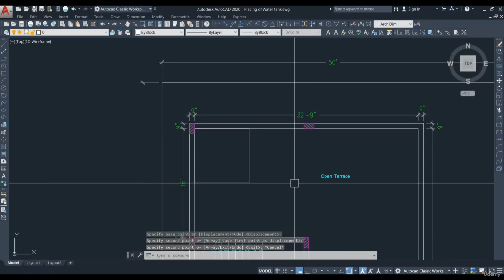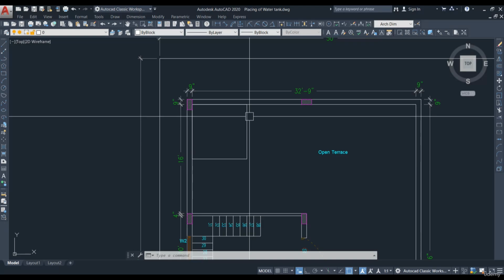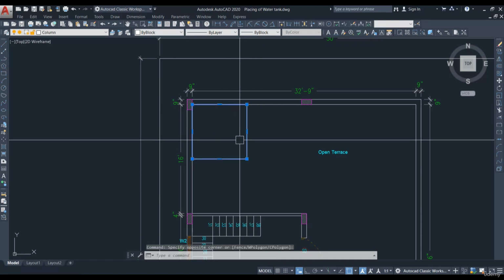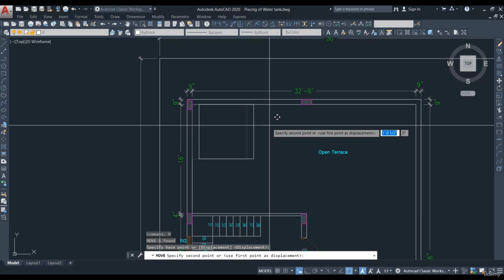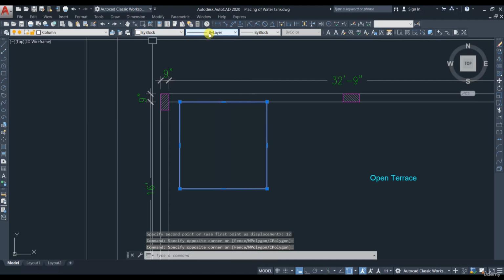These two columns will be the support for the water tank, and then we can make the brickwork here and here and we can place the water tank. Even if you want, you can move it a little bit to this side, around 12 inches, and then you can keep it like this. This one I'm going to make in the dotted line.